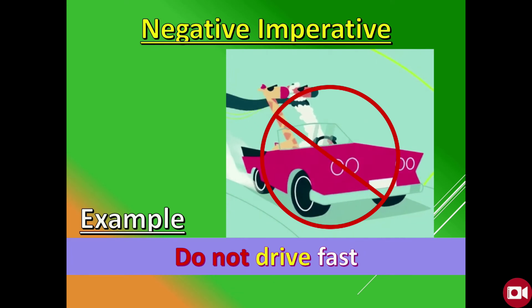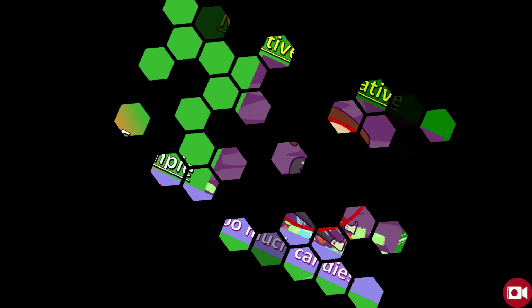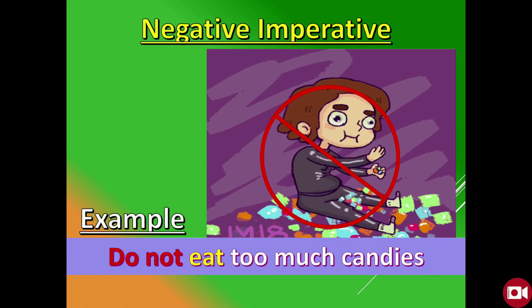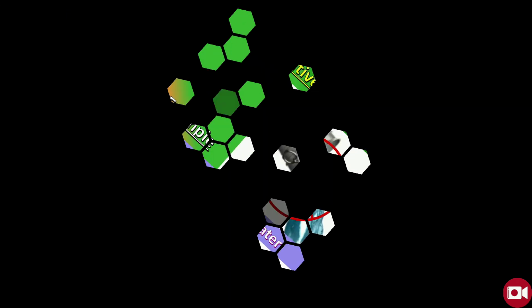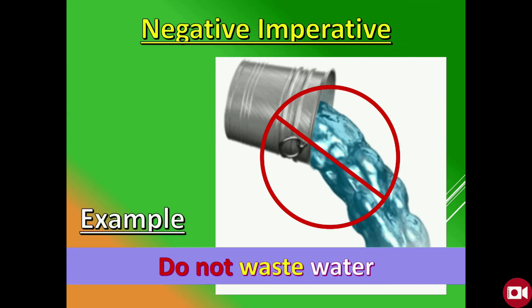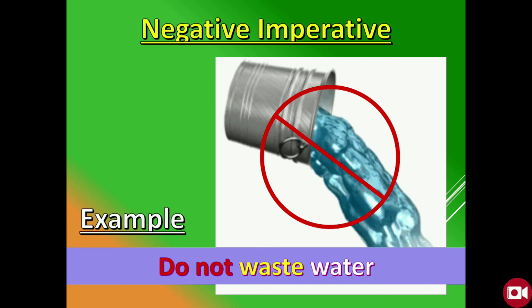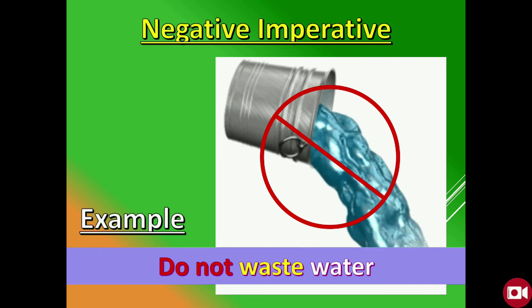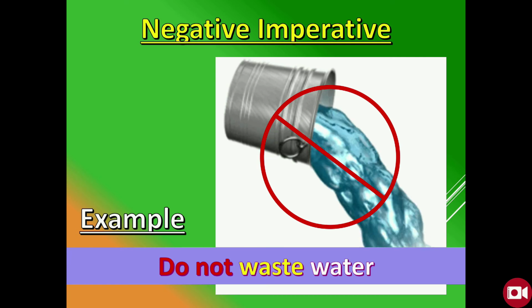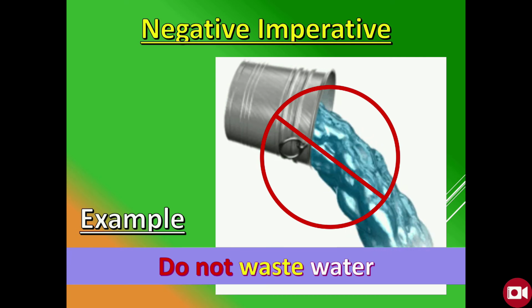In this example, you see there is no subject and we simply add do not before the base verb. See other examples: do not eat too many candies. Do not waste water. "You do not waste water" is wrong. In all these examples, there is no you, there is no subject.